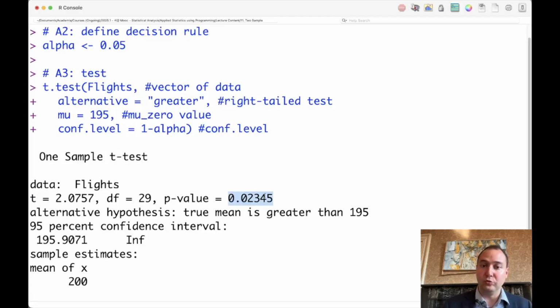It's about 2.3%, right? So in that case, because we set alpha to 5%, this p-value is significant. What does that mean? That means we should reject the null hypothesis and look at our alternative hypothesis. The true mean is greater than 195.